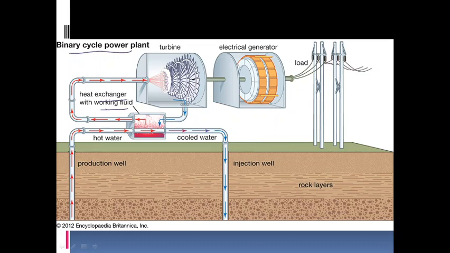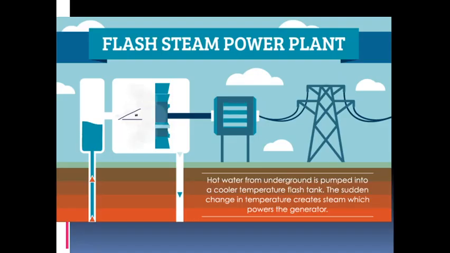This is usually done when the temperature obtained from the underground region is not that high. In that case, we cannot generate steam directly. Then we will use another heat exchanger liquid which has a very low boiling point, and then the system is made to work. But the system will be very inefficient because of this low temperature performance. And these are the 3 different types of geothermal power plants.